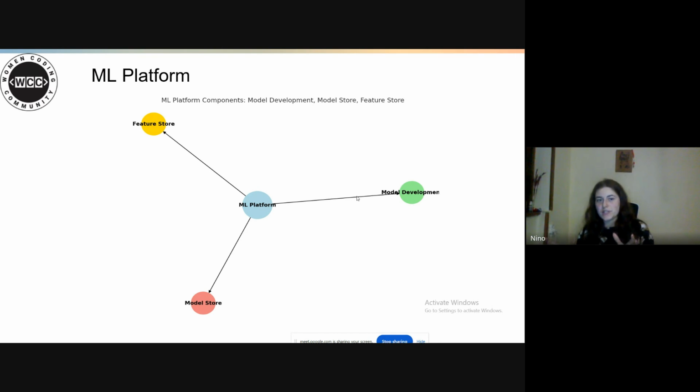These features are calculated and saved in the feature store, and every time each data scientist can directly use them. Next is the model development part, where data scientists test several models, tune hyperparameters, debug, and so on. Once they have chosen and validated models, they are finally saved in the model store. So several models are saved in the model store.